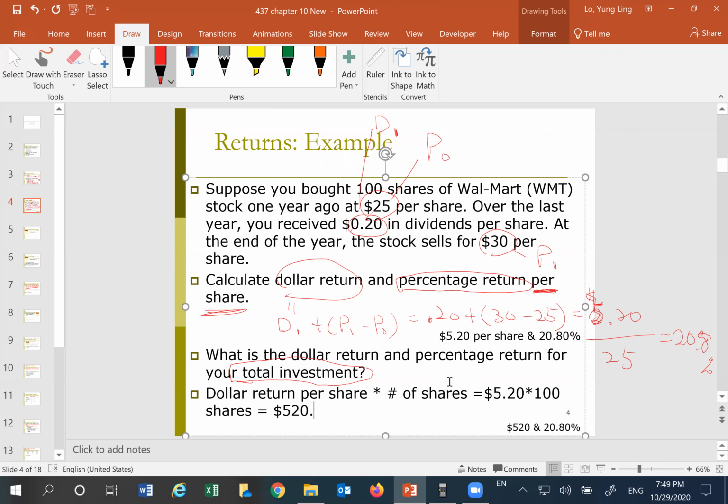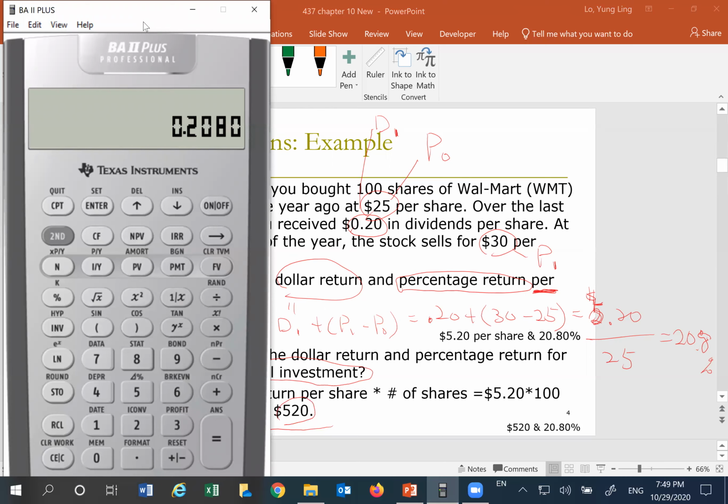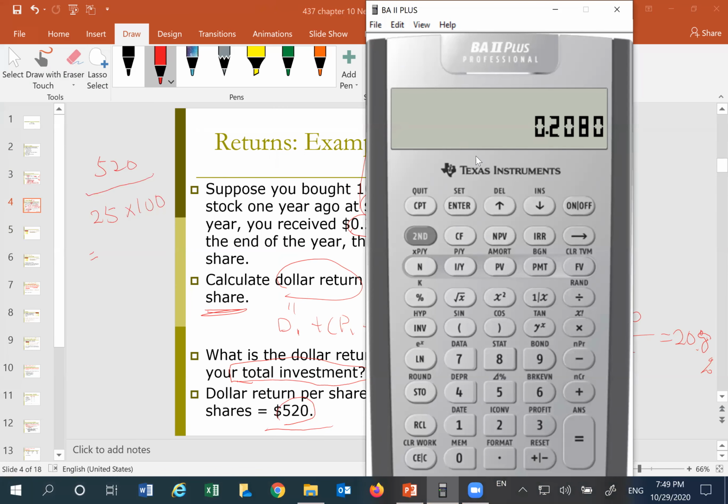For the total investment, I have to use this $520 as my numerator. That's my total dollar return, and I'm going to divide it by my total investment. What is my total investment? I paid $25 per share and I bought 100 shares, so 2500 should be my denominator.